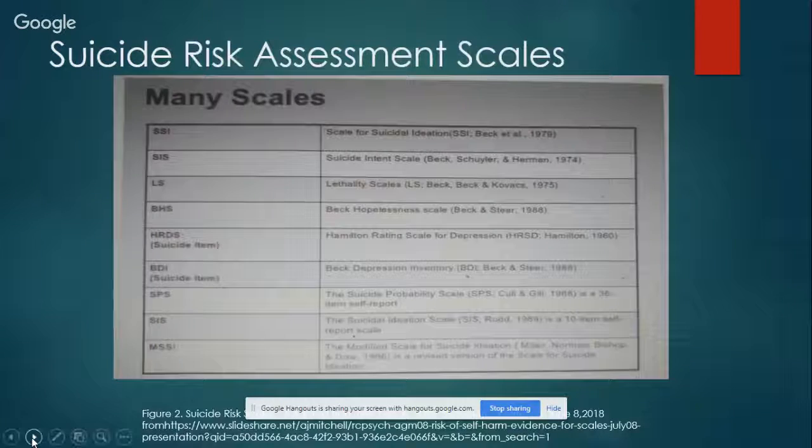Examples of such suicide risk assessment scales include the scale for suicide ideation, the suicide intent scale, the lethality scale, Beck's hopelessness scale, the Hamilton rating scale, Beck's depression scale, and the suicide probability scale.